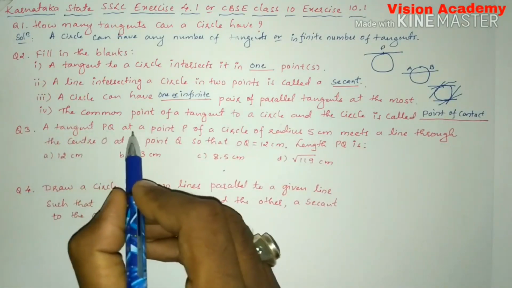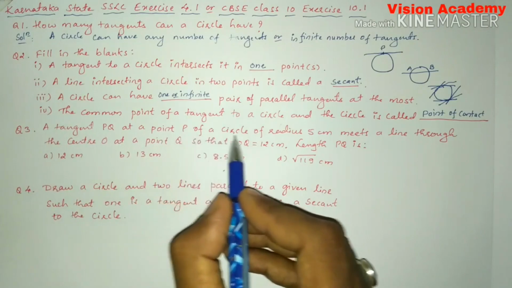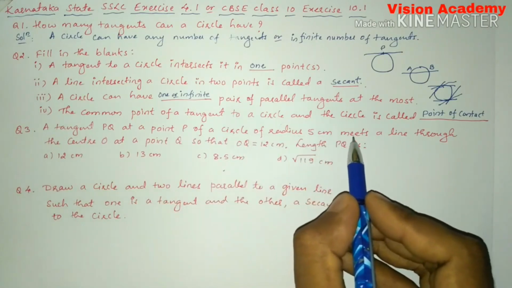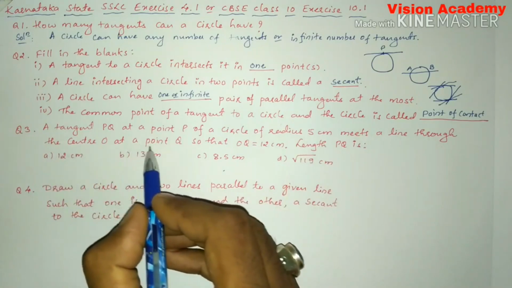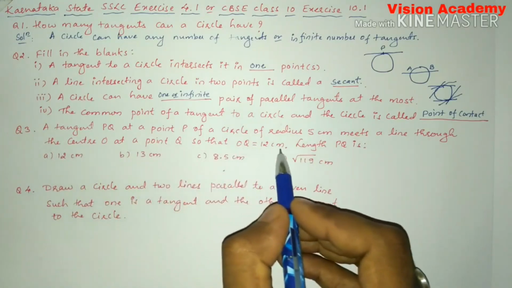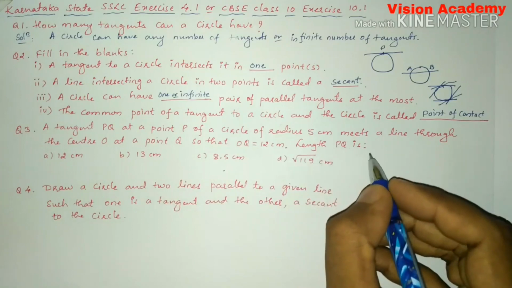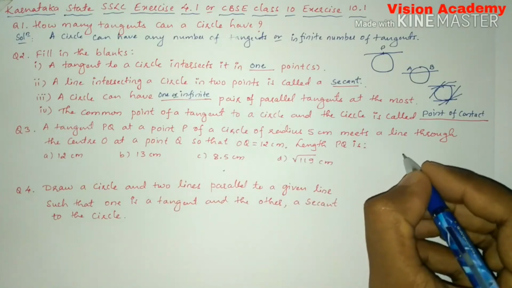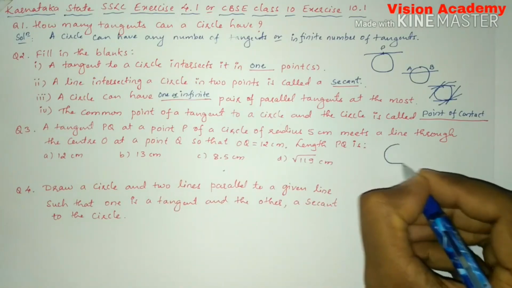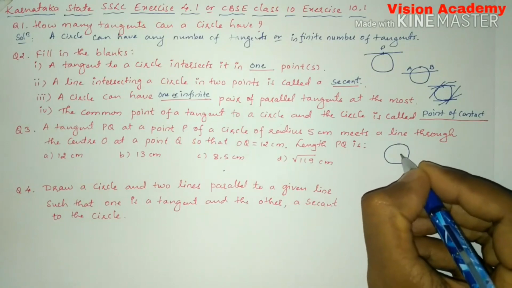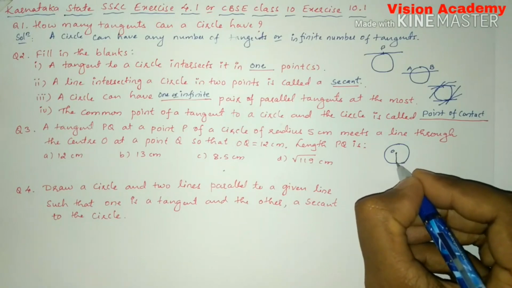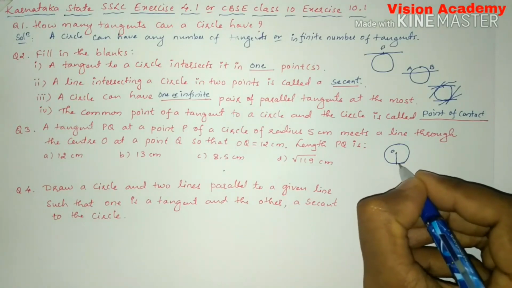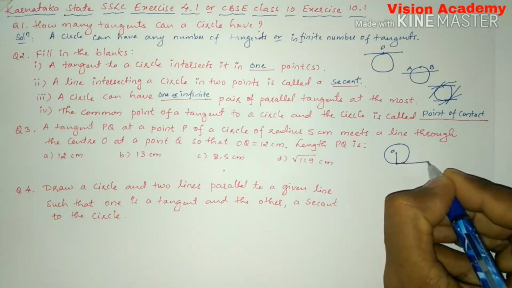Now we'll move on to question number 3. A tangent PQ at a point P of a circle of radius 5 centimeter meets a line through the center O at a point Q so that OQ is equal to 12 centimeter. Length PQ is. Now let us draw a circle with the center O and let us draw the point of contact to the tangent.